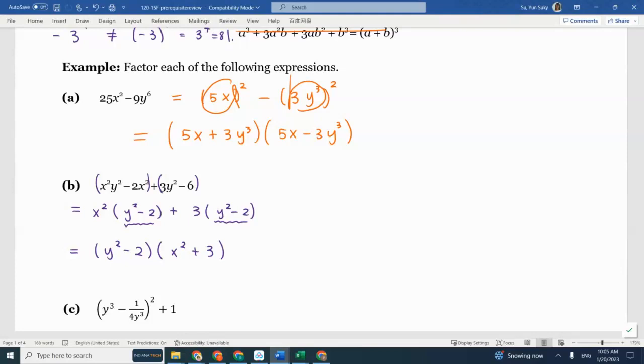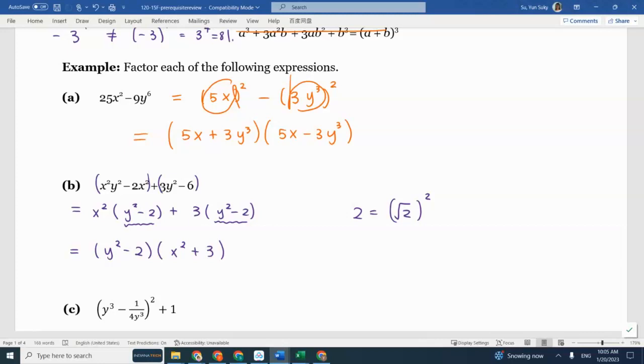Can we factor further? Do you see this is y squared minus 2? But you can actually think of 2 as the square root of 2 squared. Yes, everybody? Because if you want to factor as much as you can, then if you consider 2 as the square root of 2 squared, this is the difference of squares.